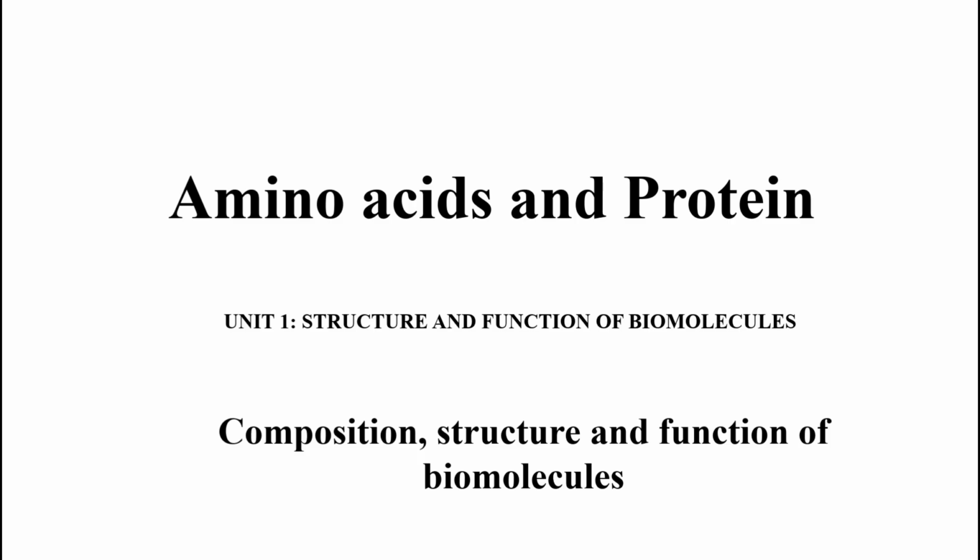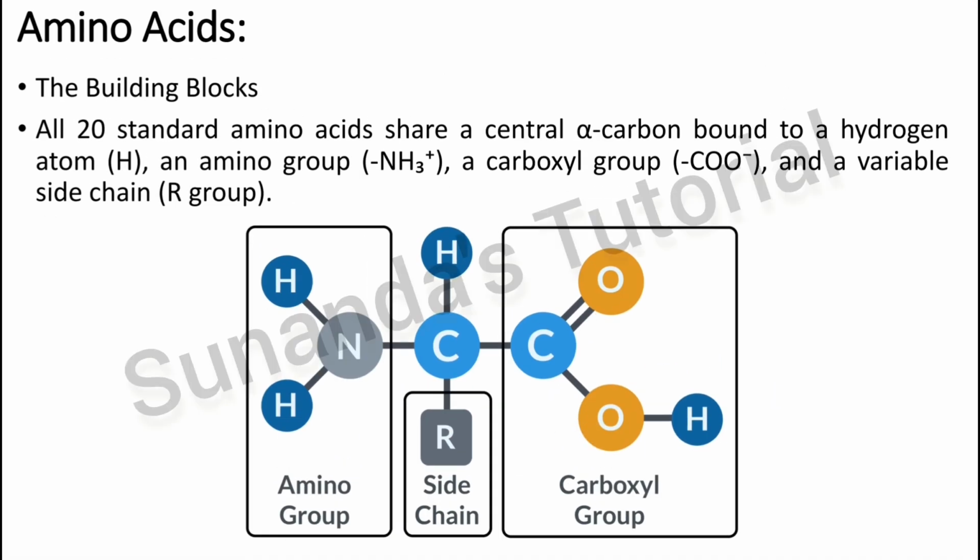So in this video we will discuss amino acids and proteins. Proteins are polymers or macromolecules, and amino acids are their building blocks and micromolecules. So let's start. At first, the building blocks of proteins are the 20 standard amino acids.